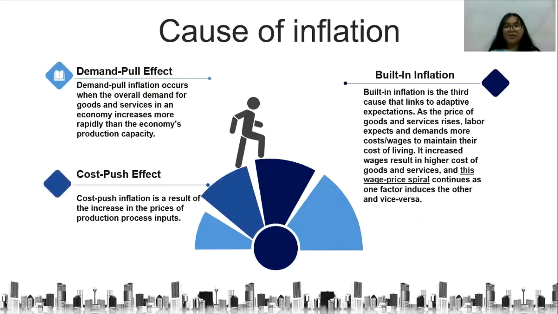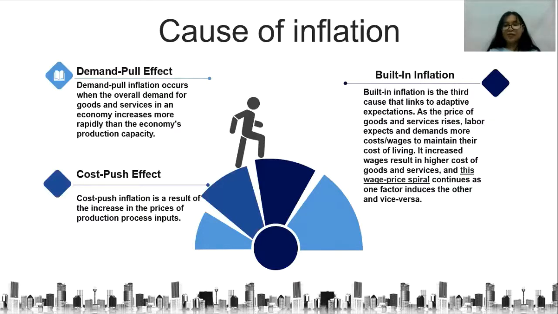And the third one is built-in inflation. Built-in inflation is the third cost, linked to adapted expectations. As the price of goods and services rise, laborers expect and demand more pay to maintain their cost of living.